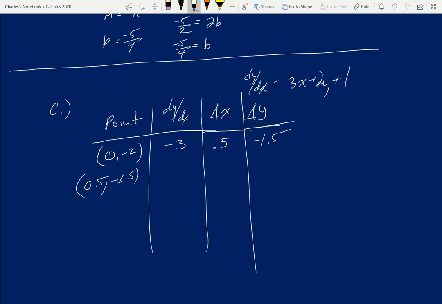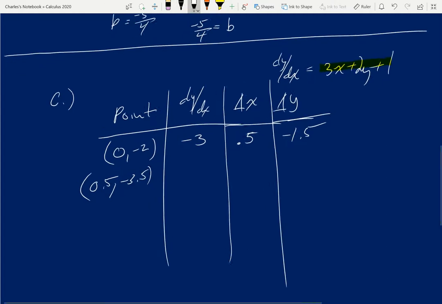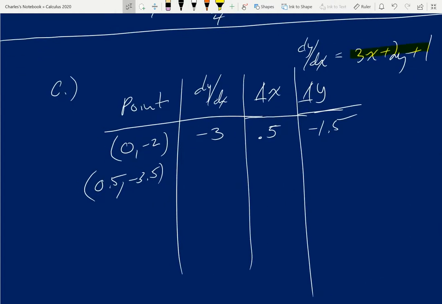Okay, and if you put these numbers into this expression again for x and y, you get negative 4.5. And then I'm going to put my x foot forward again. I'm going to take a half a step, and my y is going to go up by half of that, which is negative half of the dy dx, which is negative 2.25.